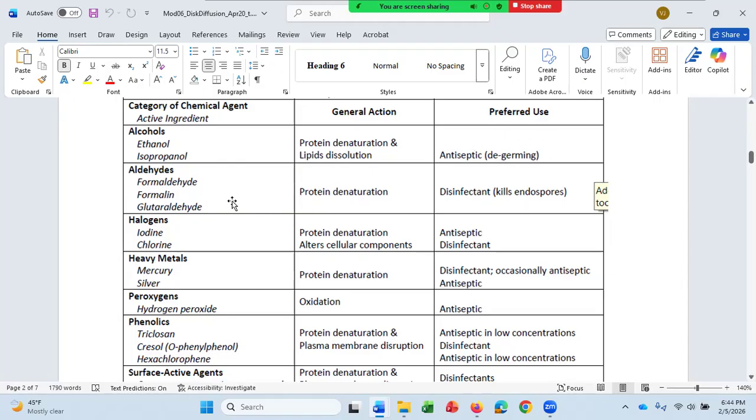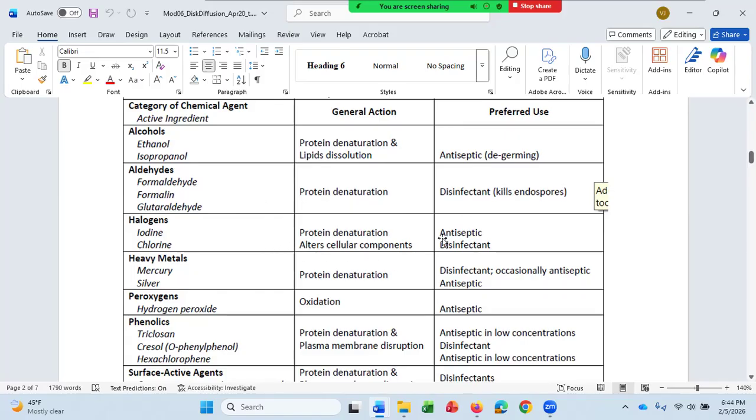Aldehydes like formaldehyde and formalin denature proteins, and they are disinfectants. These are unusual disinfectants in that they can actually kill endospores. Most disinfectants do not kill endospores. Like halogens, tincture of iodine, and even chlorine bleach.